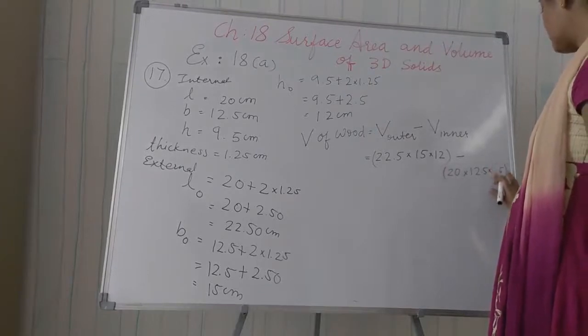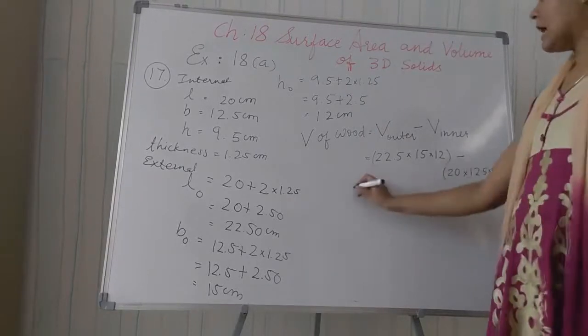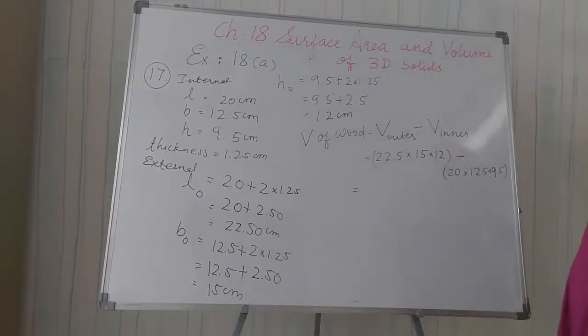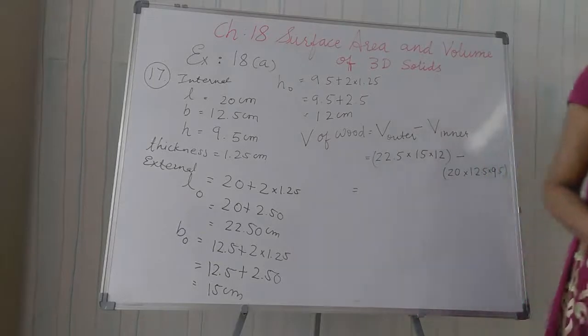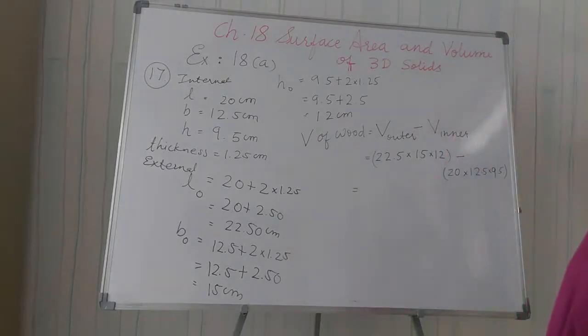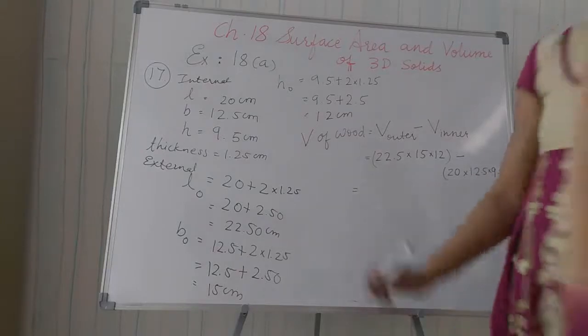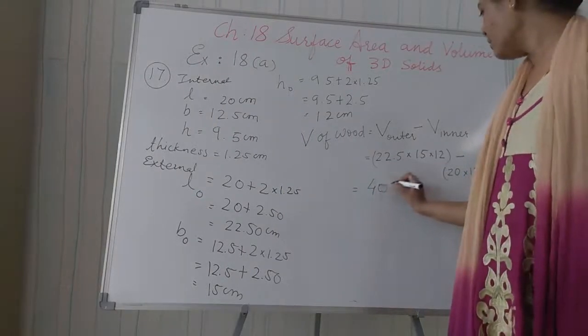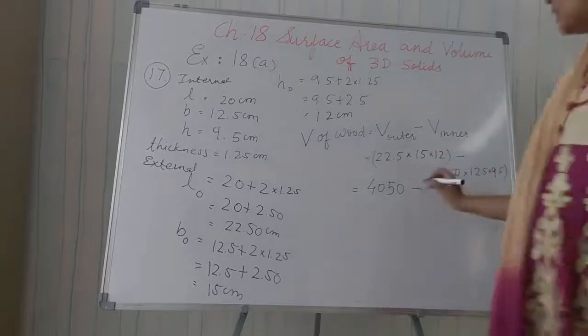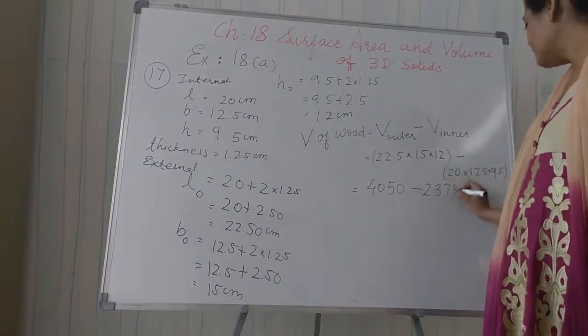Now let us calculate this and get our answer. I have already calculated for you. The outer volume will be 4050, minus the inner, which is 2375.